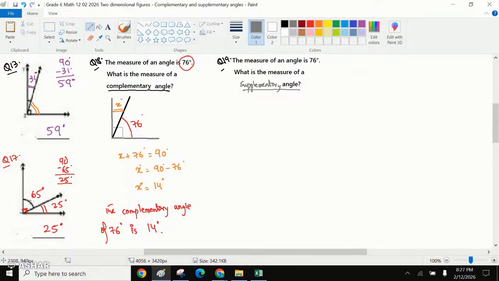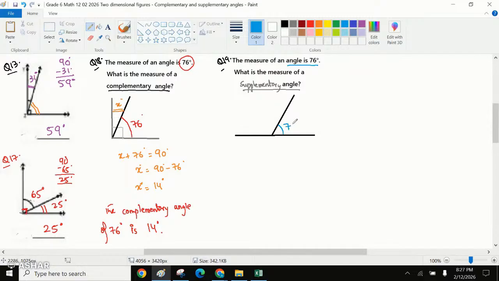And we know that in supplementary, the sum of the angles is always a straight line, and a straight line is 180 degrees. So if this angle given to us was 76, right?